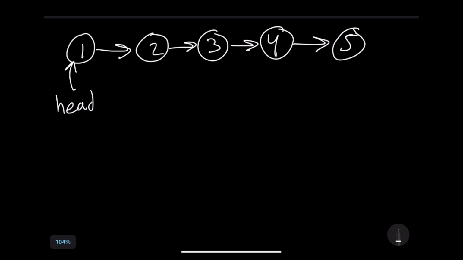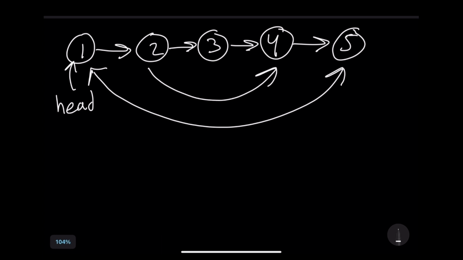What I might be able to do, because remember, I need to swap these two, and then the 3 I actually don't have to swap at all, because what I want to end up with is 5, 4, 3, 2, 1.